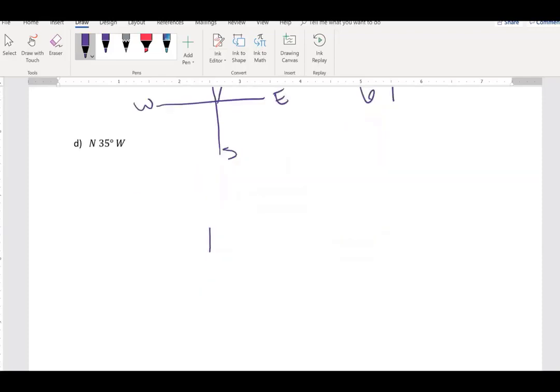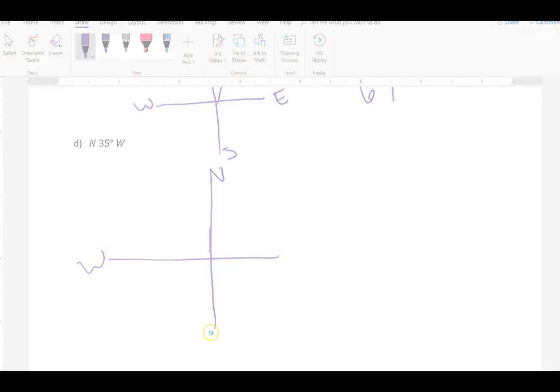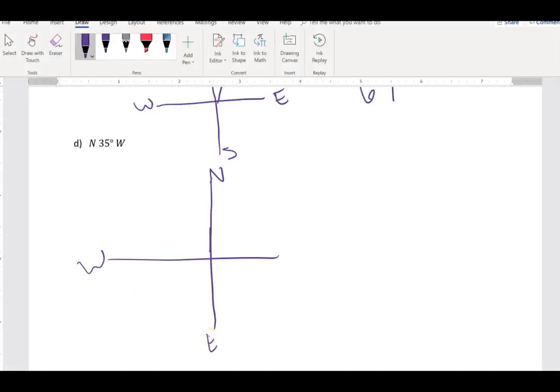Our last example is north 35 degrees west. North 35 degrees. So without cardinal directions, we always start here. So that would be 90 plus 35, so 125 degrees.